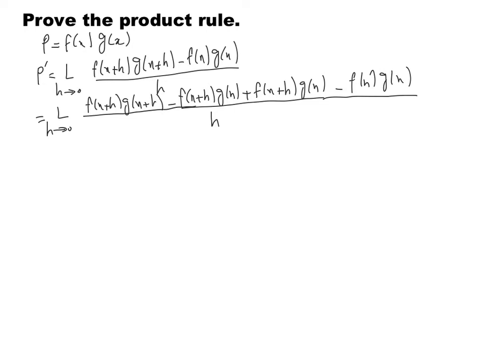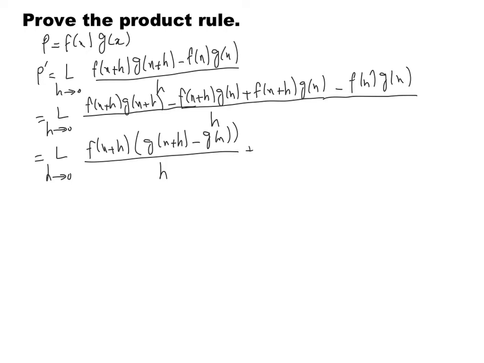Now I'm going to break down the fraction and write it as the limit h goes to 0. The first two terms I can factor f of x plus h. So I'm going to get g of x plus h minus g of x over h.